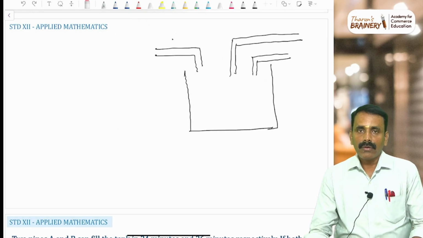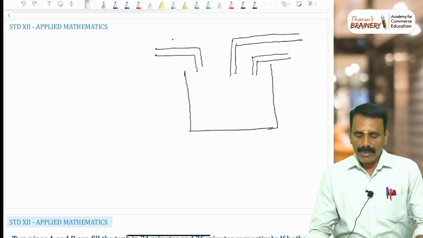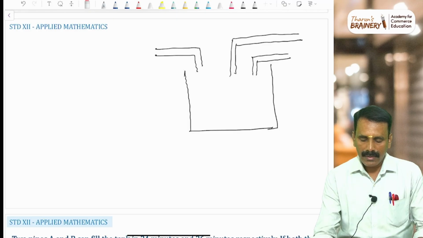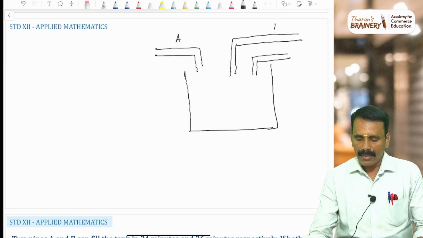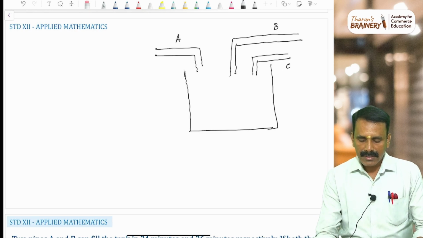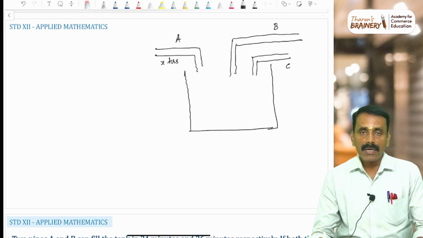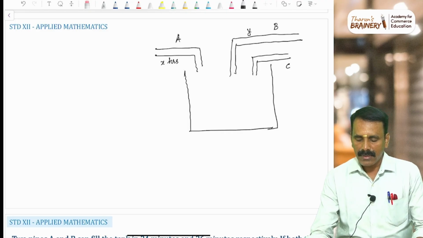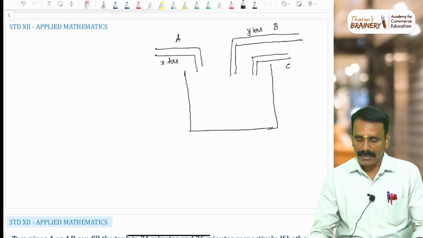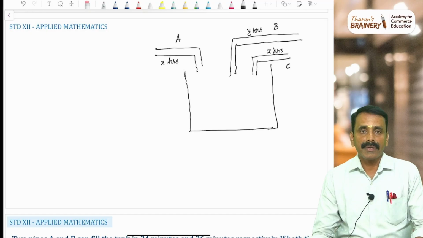Similarly, now we have a situation in which the tank is filled by 3 pipes: pipe A, pipe B, pipe C. Pipe A takes X hours to fill the tank individually, pipe B takes Y hours to fill the tank, and pipe C takes Z hours to fill the tank individually.